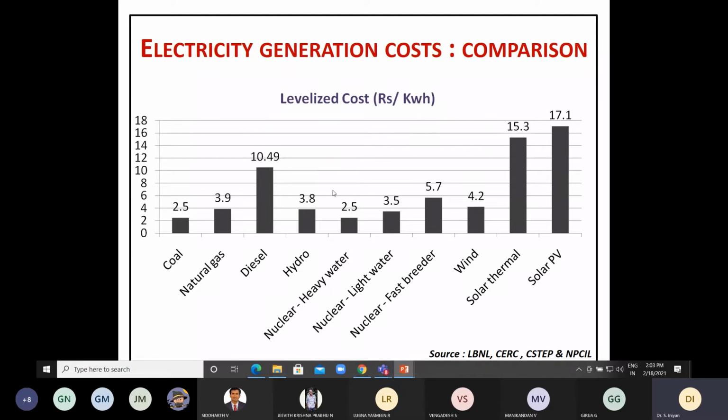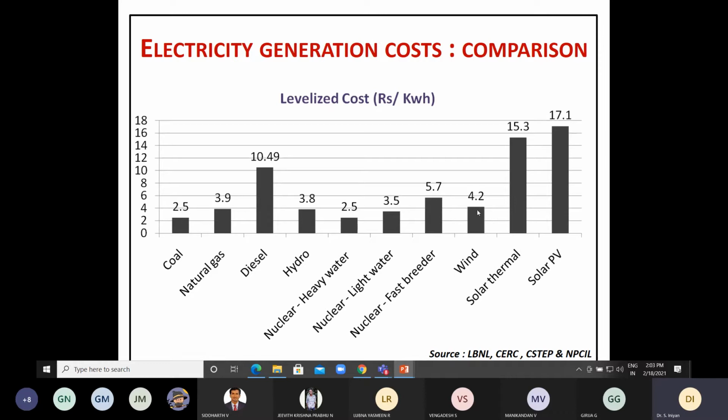I think it's old data. The source was taken from CSTP and NPCIL. So better you check an updated one, right? For hydro, using water, the cost comes to around 3.8, and for nuclear heavy water and light water, it is 2.5 and 3.5, and here the wind.